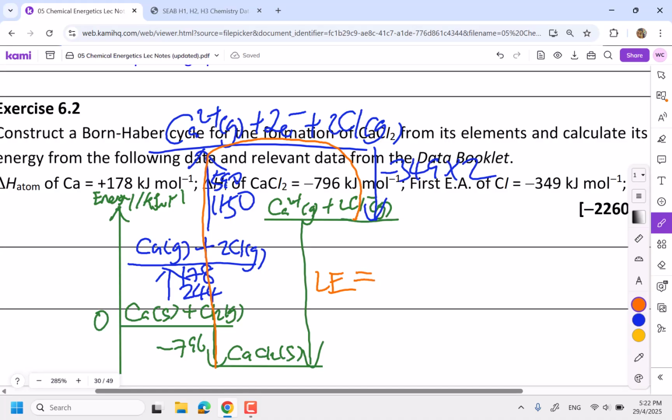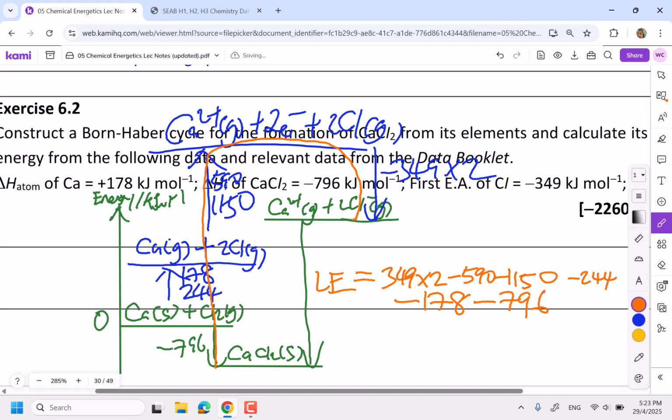So lattice energy is therefore equal to 349 times 2, minus 590, minus 1150, minus 244, minus 178, minus 796.